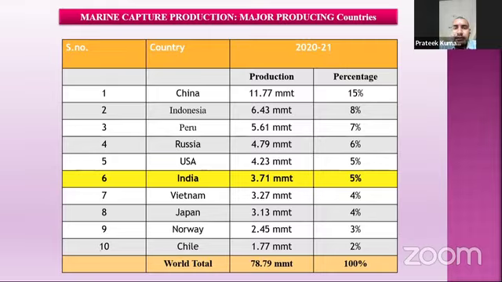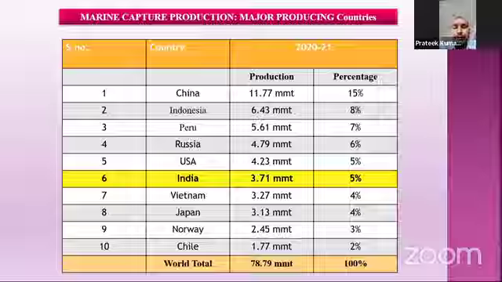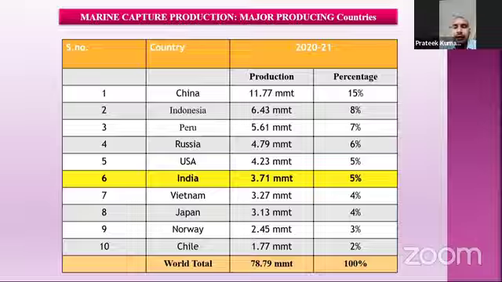Here we can see India's production of 3.71 million metric tons, 5% of world total production. This is the data from 2020 to 21, and it can be increased.